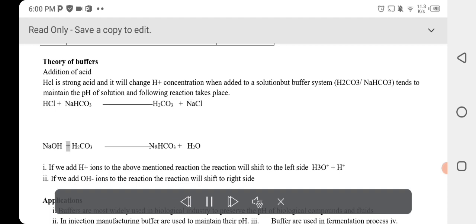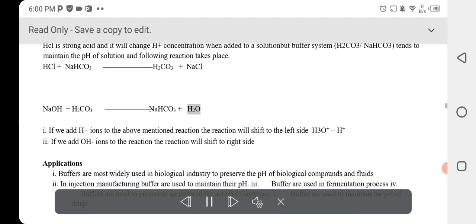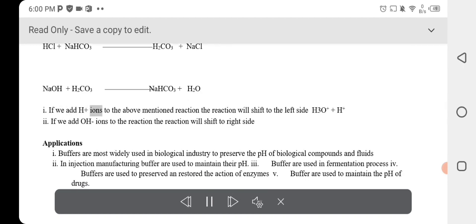NaOH + H2CO3 → NaHCO3 + H2O. If we add H+ ions to the above-mentioned reaction, the reaction will shift to the left side, H3O+. If we add OH- ions, the reaction will shift to the right side.